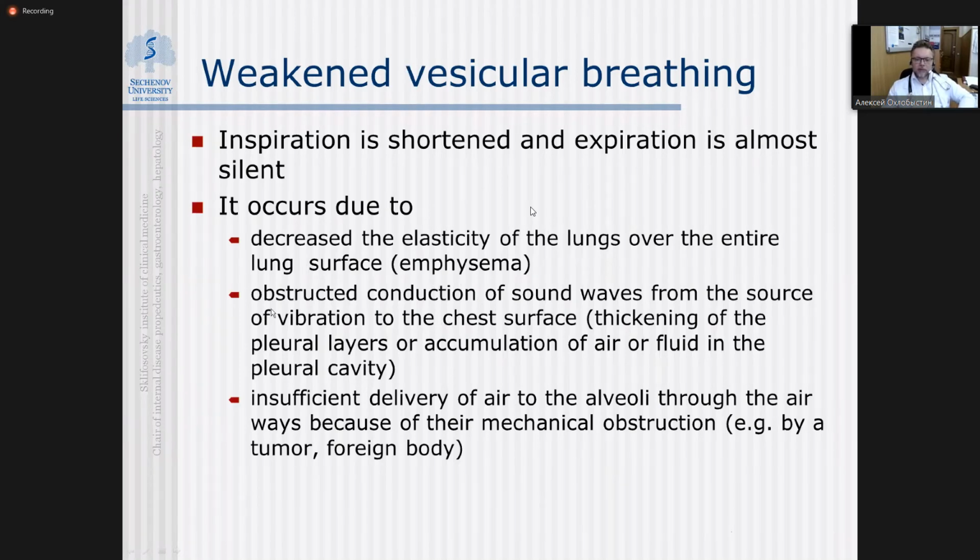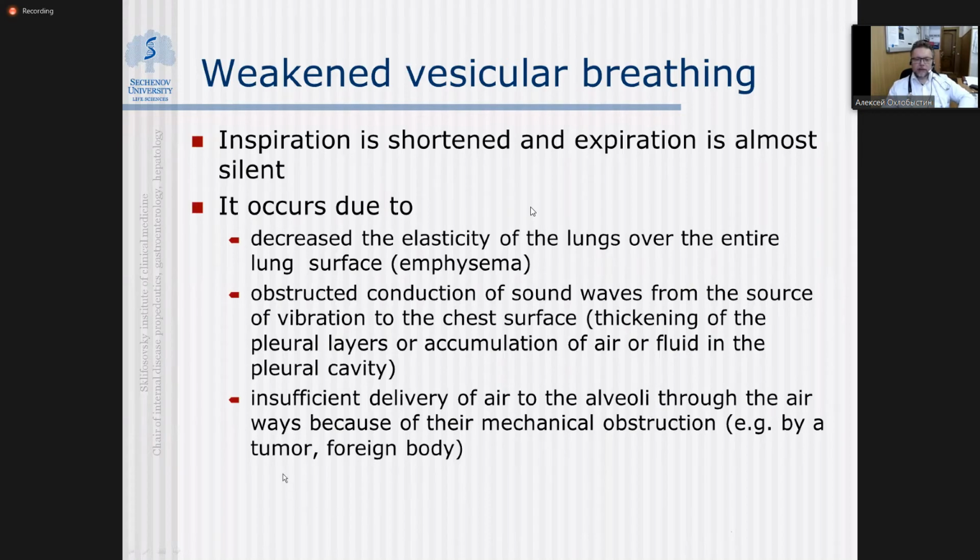There may be obstruction of bronchi, obstruction of trachea. In that case, definitely less air will come to alveoli, and the patient will have a decrease in vesicular breathing. And the third group of causes will be the affection of alveoli themselves.